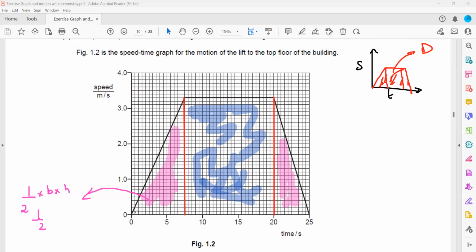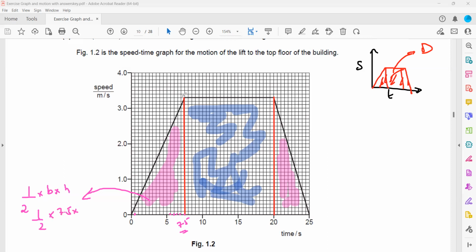So each box equals 0.5. After 5, this will be 5.5, then 6, 6.5, 7, and then 7.5. So the base is equal to 7.5.